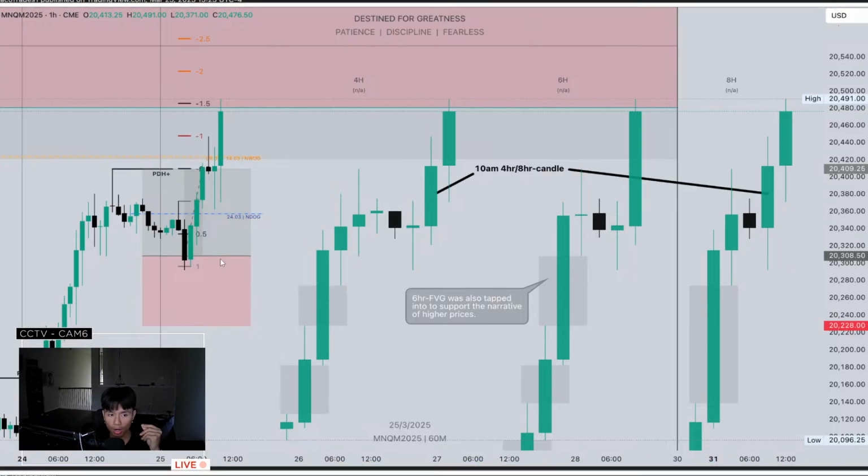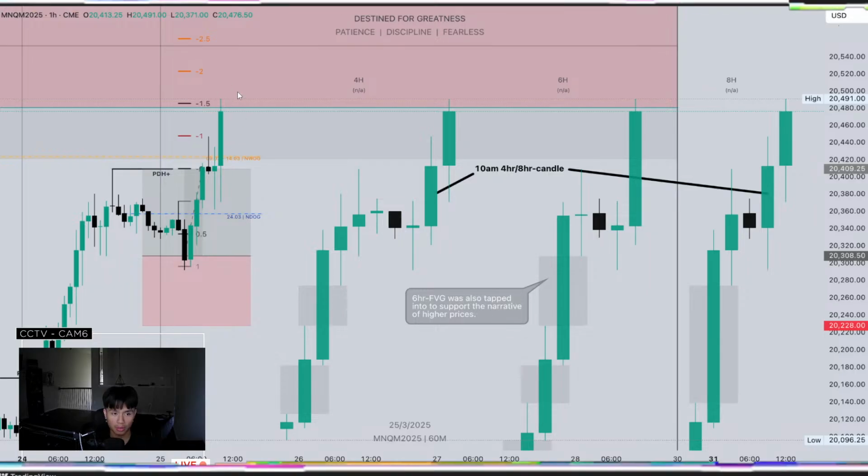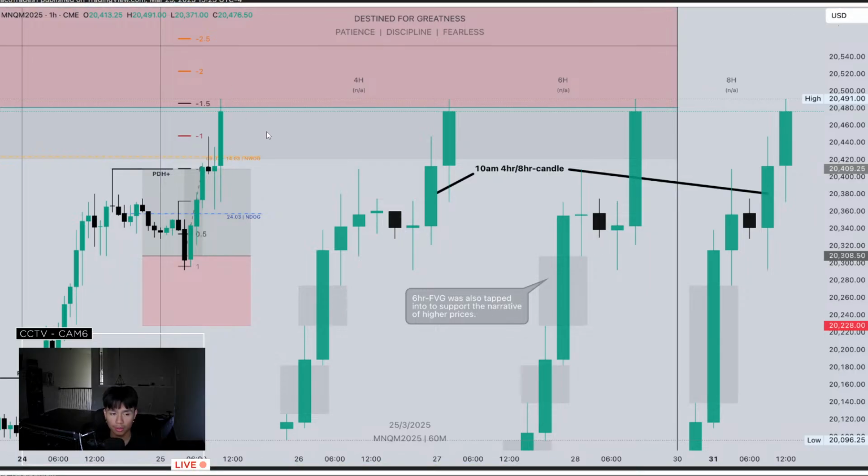So while I'm in this trade, this 4-hour candle and this 8-hour candle are suggesting higher prices, so it gives me an inclination to continue to hold for higher prices. And so I move my stop loss to break even after we take out the daily high, and I allow prices to continue to do their thing and expand towards the premium of the dealing range.